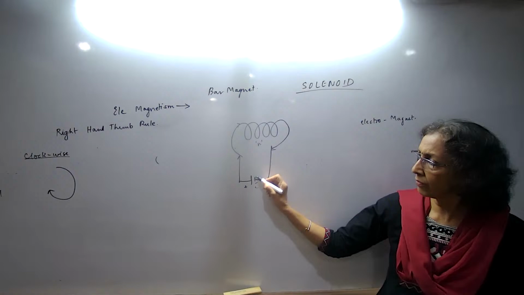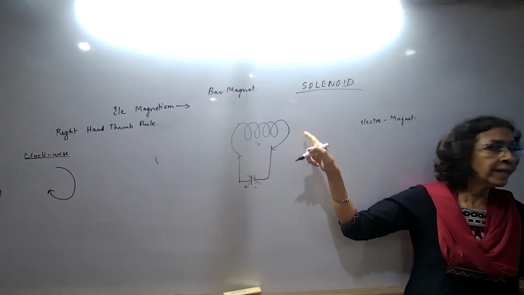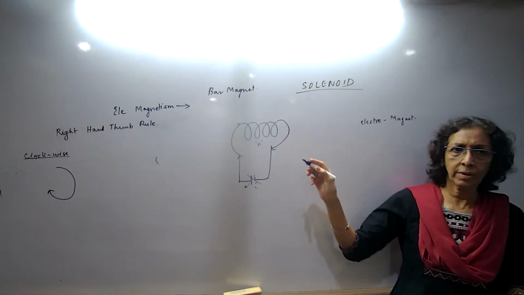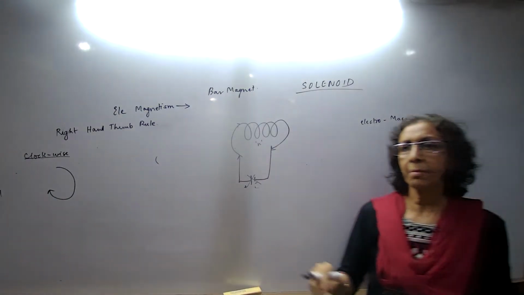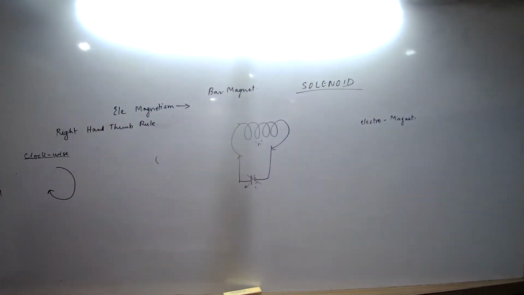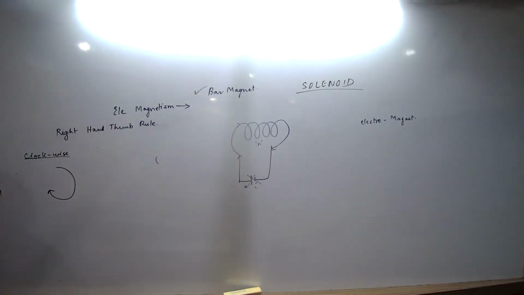But suppose we have no current, what happens to the magnetic field? Will it behave like a magnet? No. Okay, so a solenoid is nothing but a temporary magnet and it is an electromagnet. Have you all followed here? Why did we say that it is behaving like a bar magnet? Obviously because you have the magnetic lines of force.